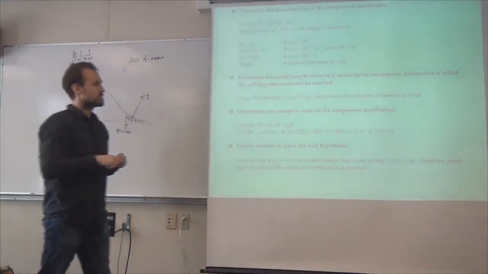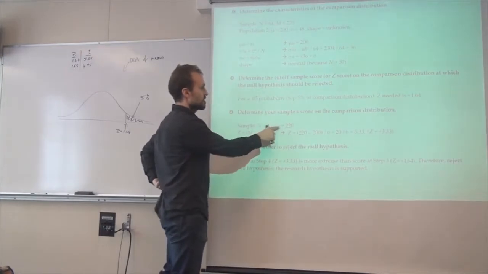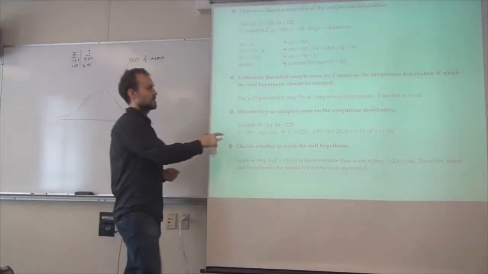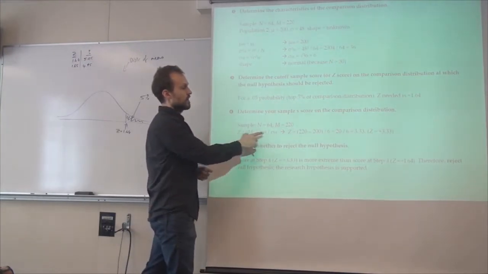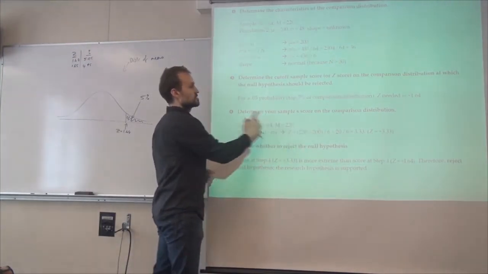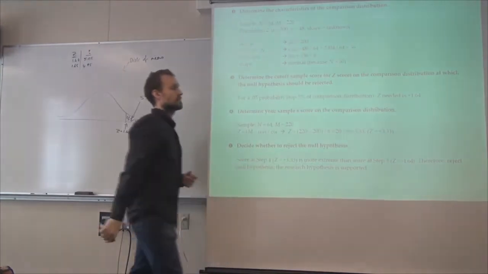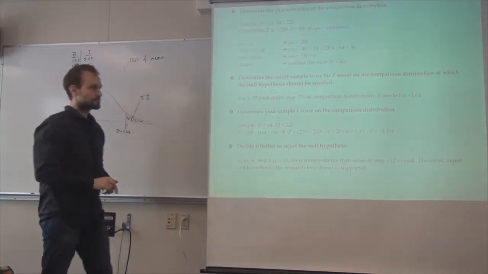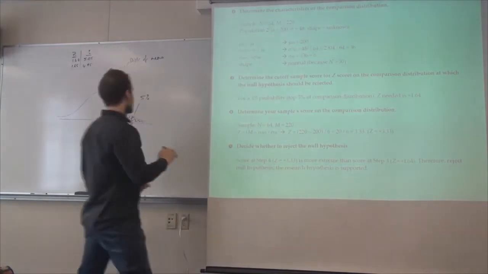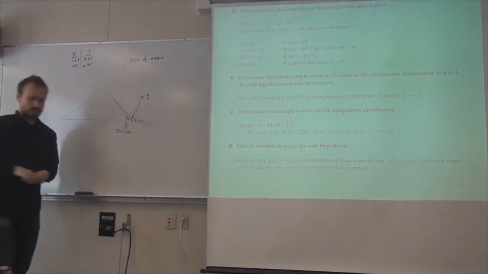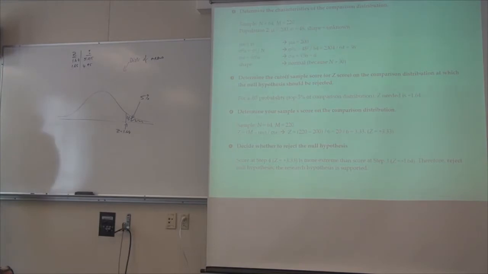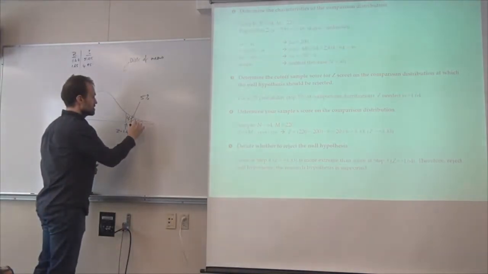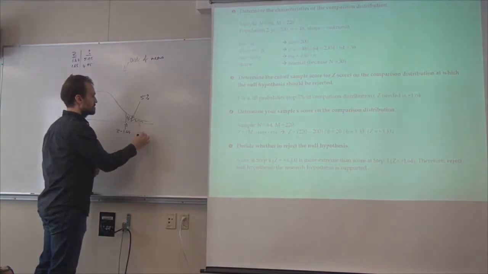All right, so my sample is 64, mean of 220. I convert that to the corresponding z-score: 220 minus the distribution mean, divided by the standard error, the standard deviation of this distribution. And I get a value of 3.33. That's marked in red.